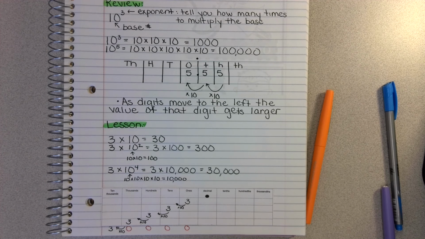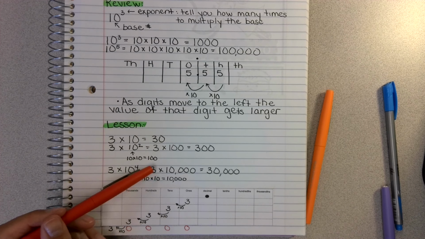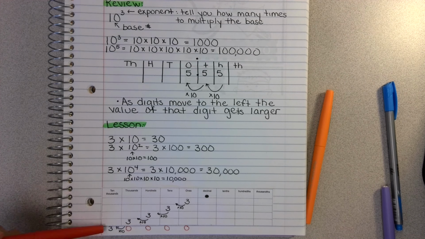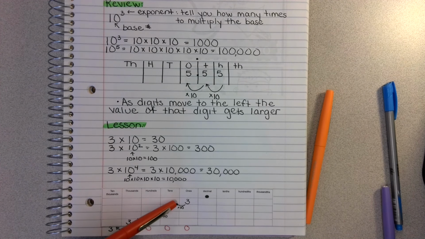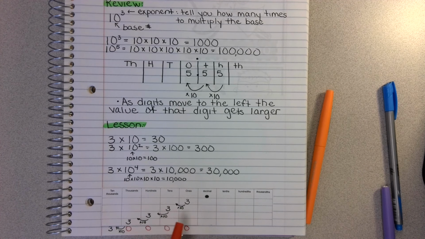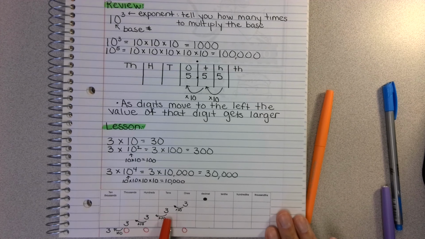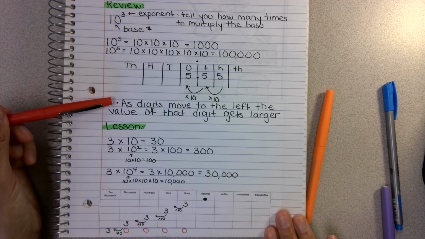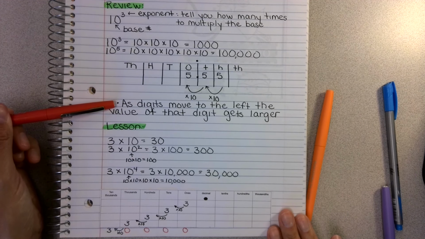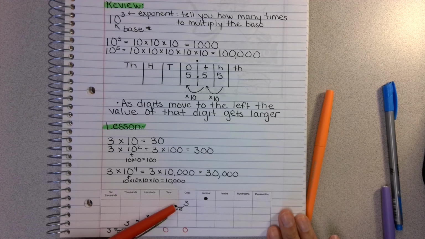So that's why that works, because 3 times 10,000 gives you 30,000, because every time you times that 3 by another power of 10, which you have written out here, you moved it over to the left. Because as the digits move to the left, the value of that digit gets larger. So I kept moving it.